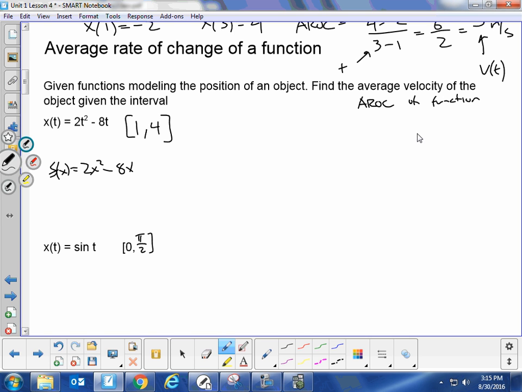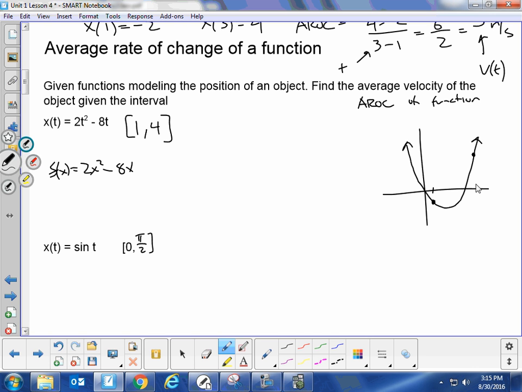Okay. Now visually, 2x squared minus 8x, 2x, x minus 4, would look something like this. I would be looking at finding the slope between these 2 points.